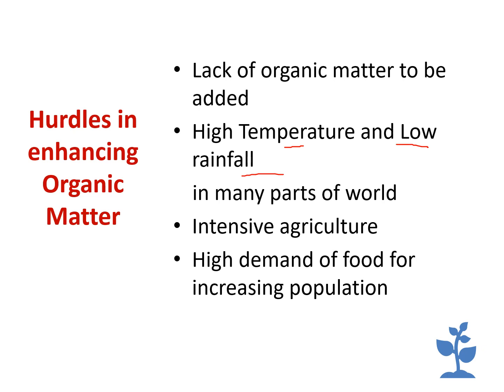So that is also not contributing to enhancing organic matter. And we have to do that because we have to feed the population and fulfill the increasing demand of the people. So these are some hurdles which should be considered when we talk about enhancing the organic matter.